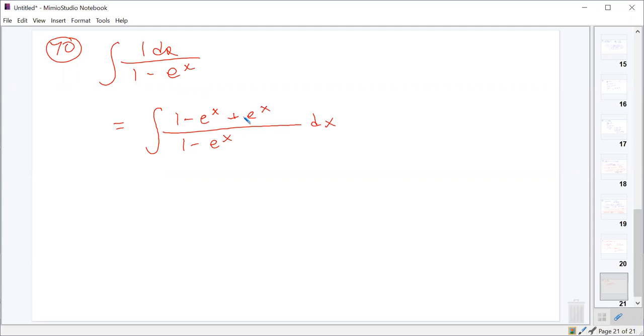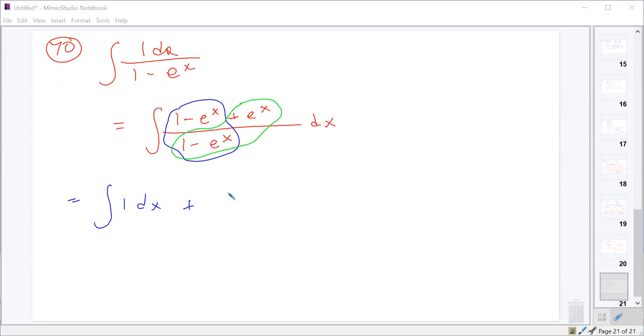Those are equivalent. But then I'm going to take this piece of the fraction and this piece of the fraction and write them as 2 separate integrals. So 1 minus e to the x over 1 minus e to the x is just 1. And then this is e to the x over 1 minus e to the x dx.